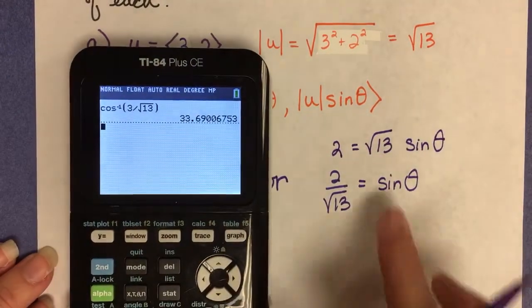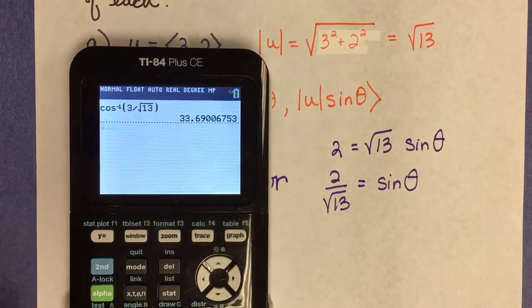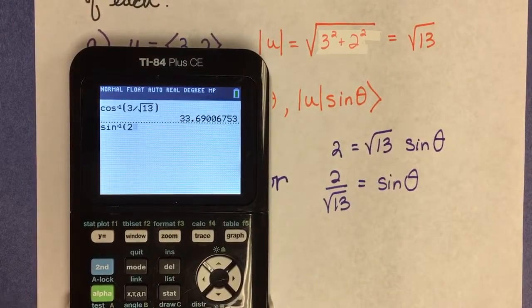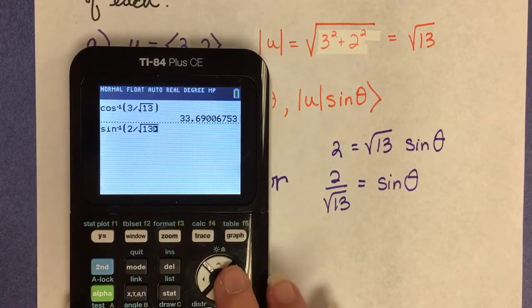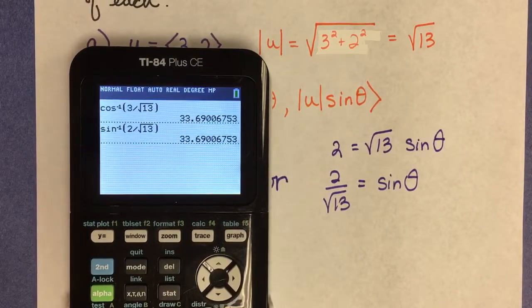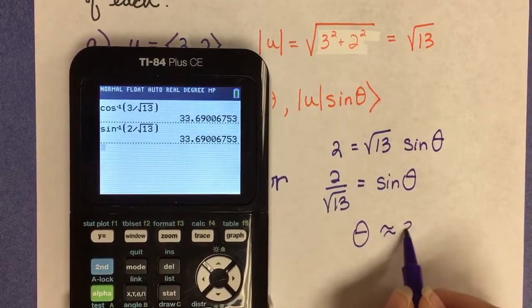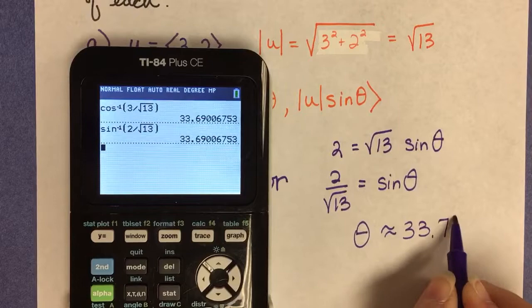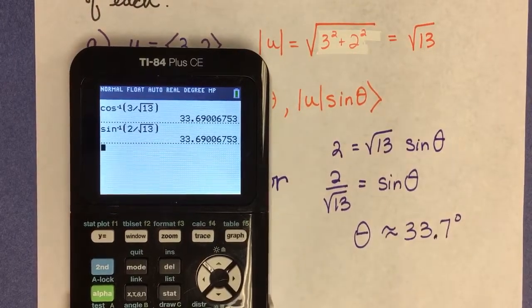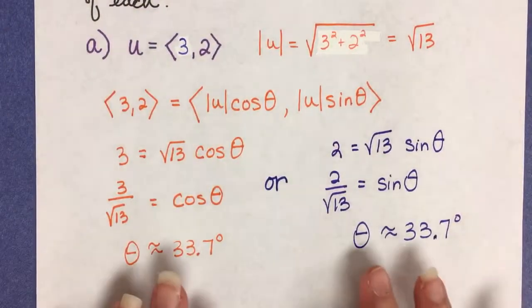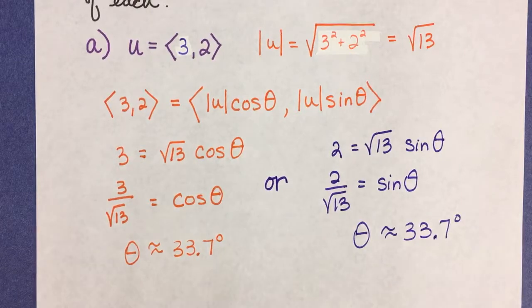Of course, this time we're using sine, so you would do second sine 2 divided by the square root of 13. And so you're going to get exactly the same thing. Your direction angle theta is approximately 33.7. So like I said, you don't have to do both of these. They'll both produce exactly the same angle.